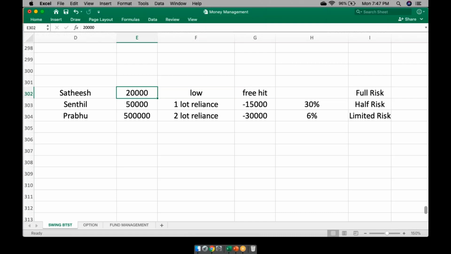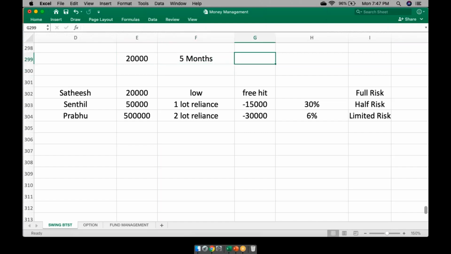If I lose the small profit, that is fine. If I lose the small capital, that is fine. For example, I'm bringing 20,000 rupees in 5 months.